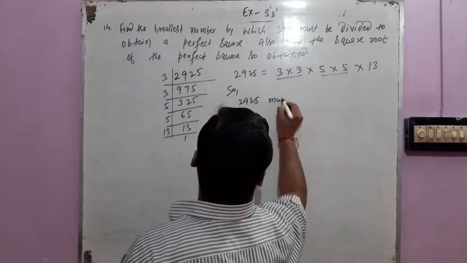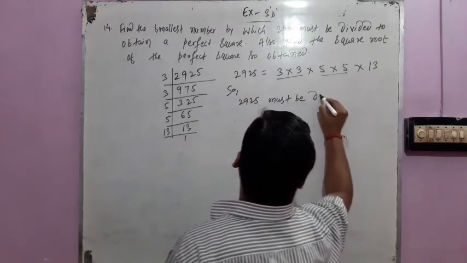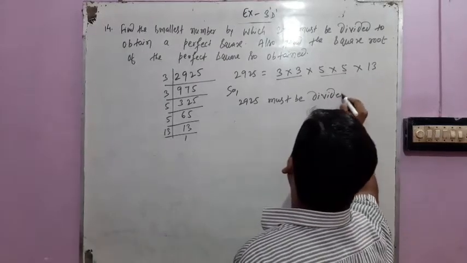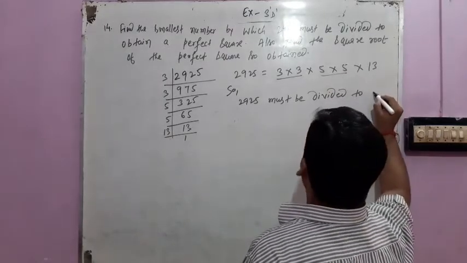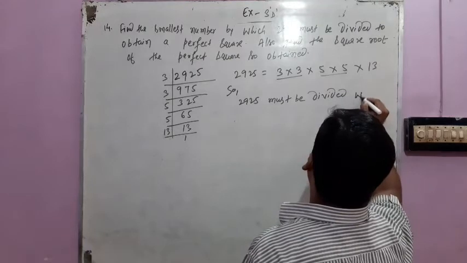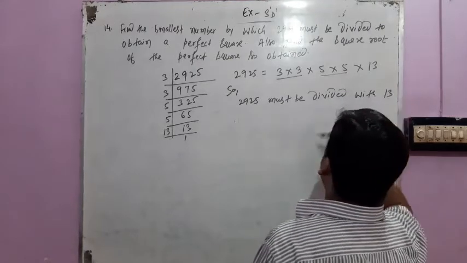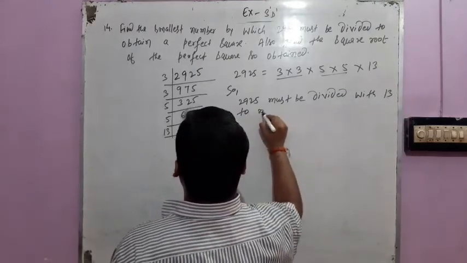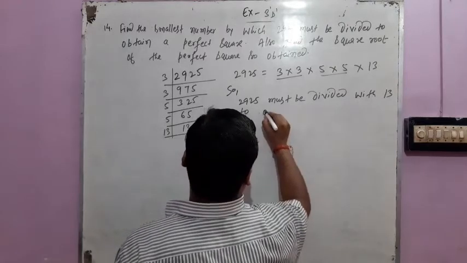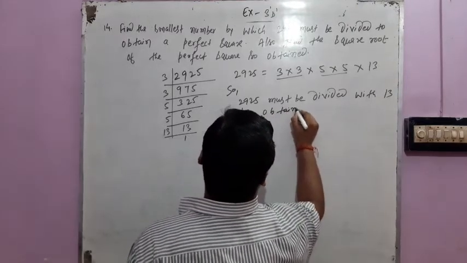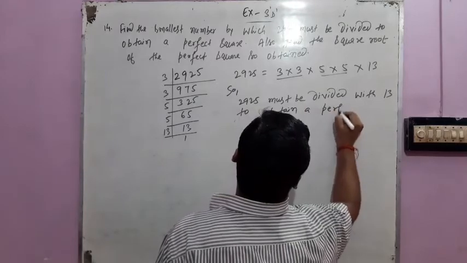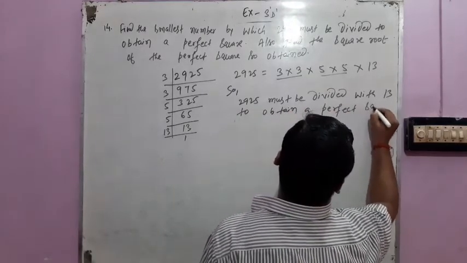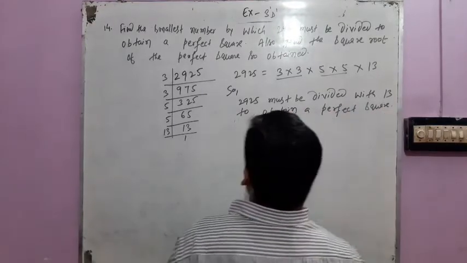So 2925 must be divided with 13 to obtain a perfect square.